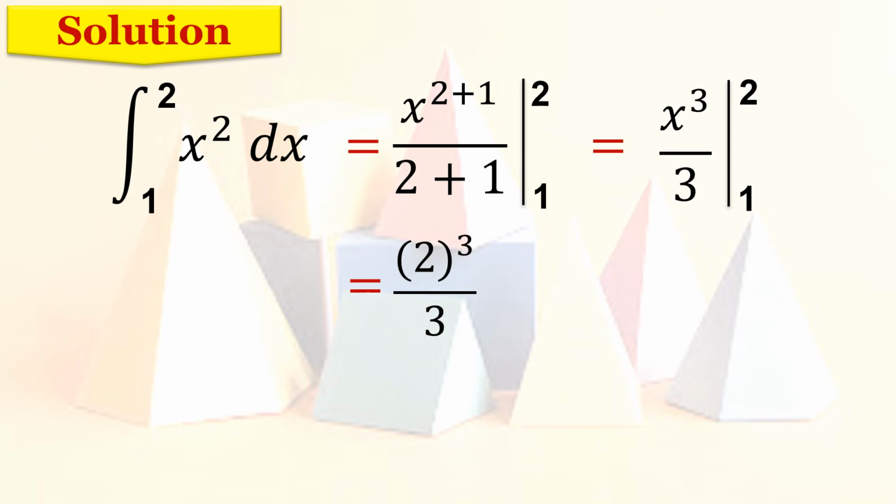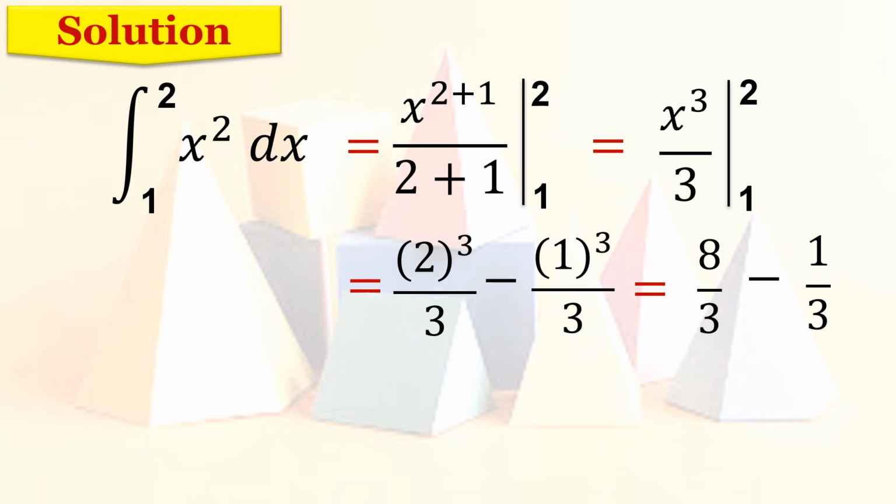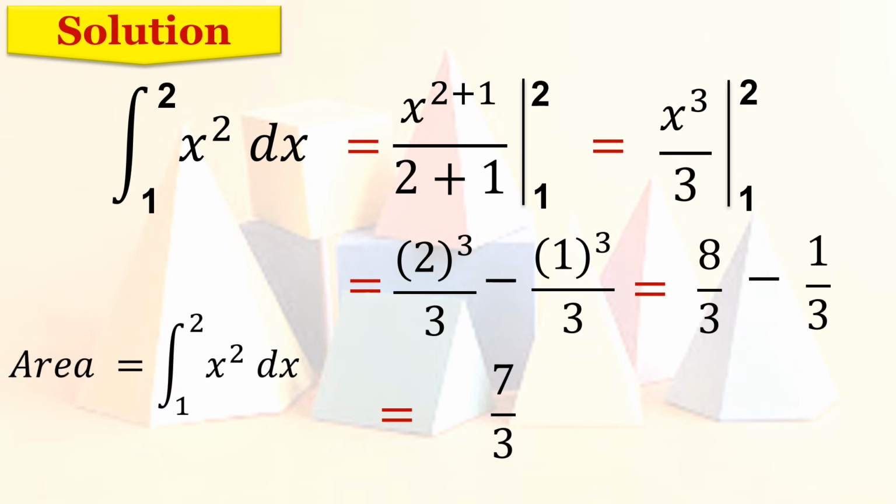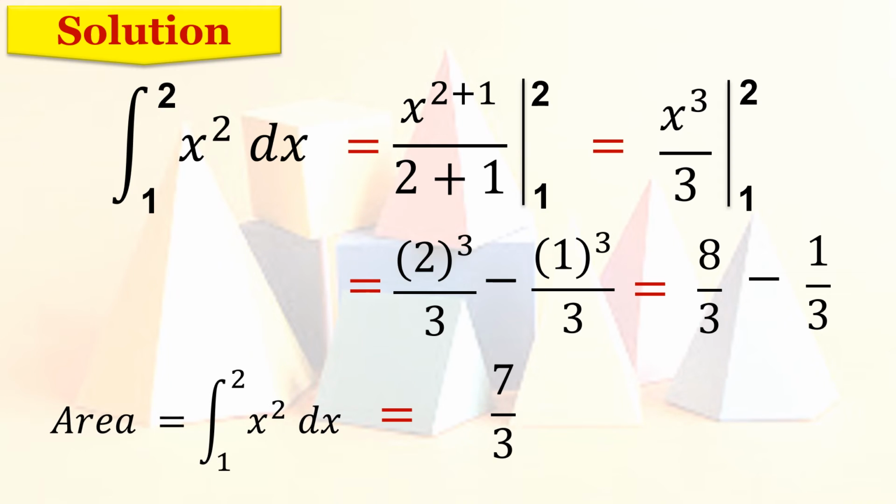So we have 2 to the third over 3 minus 1 to the third over 3. 2 to the third is equal to 8, so we have 8 over 3. Then 1 to the third is equal to 1, so we have 1 over 3. 8 minus 1 is equal to 7, so we have 7 over 3. So the area is equal to the integral of x squared dx from 1 to 2, which is equal to 7 over 3 square units.